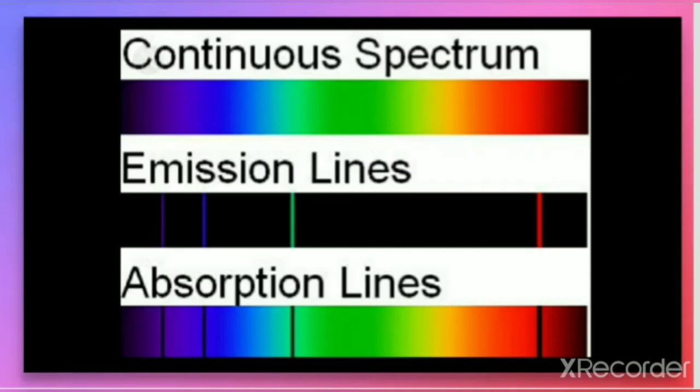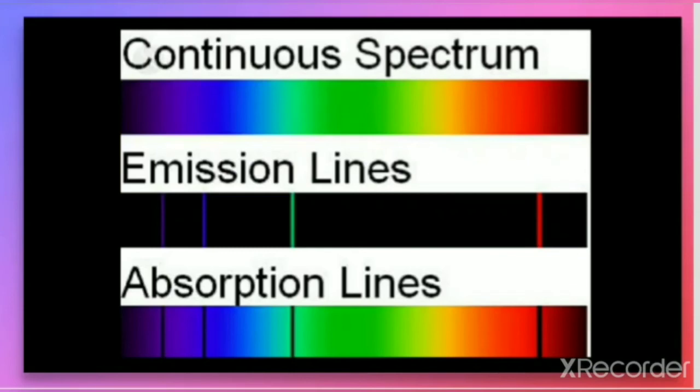You can find that all the colors are merged with each other. In the emission spectrum, it is observed that in the black we have certain bright color lines. Therefore it is the emission spectrum. And in the absorption spectrum, you can find that in the light spectrum there are some black color lines. Therefore it is an absorption spectrum.